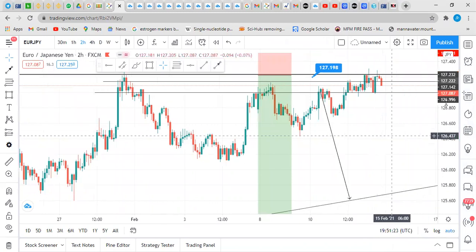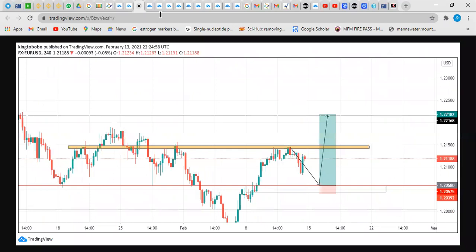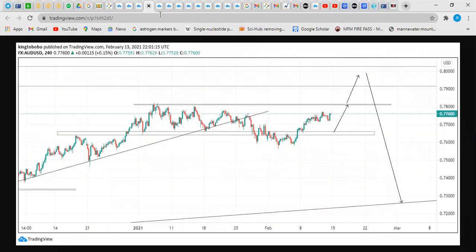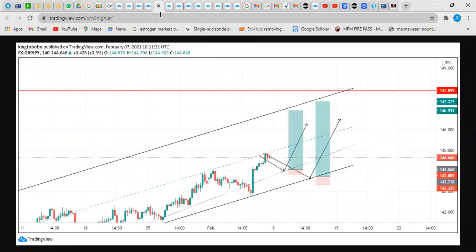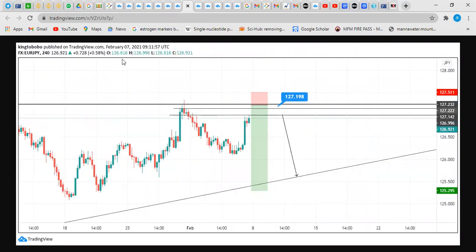Eurusd already triggered the entry point. Let me see if I can still see the screenshot here. Yeah, you can see Eurusd. That is February 7th. I had the analysis that price will get all the way to 1.27198, and it starts to short.